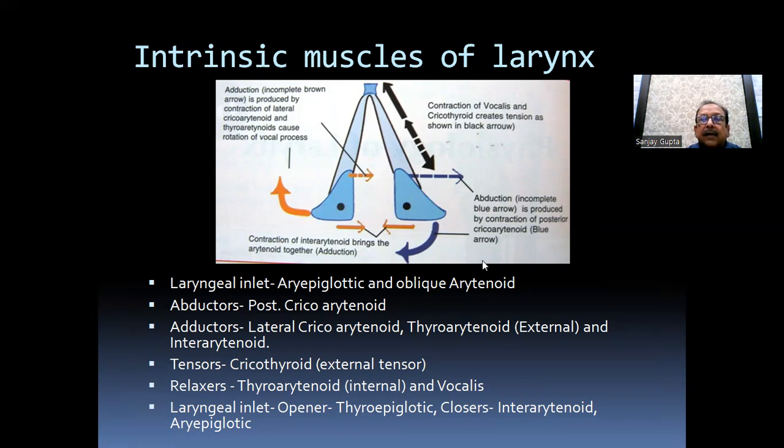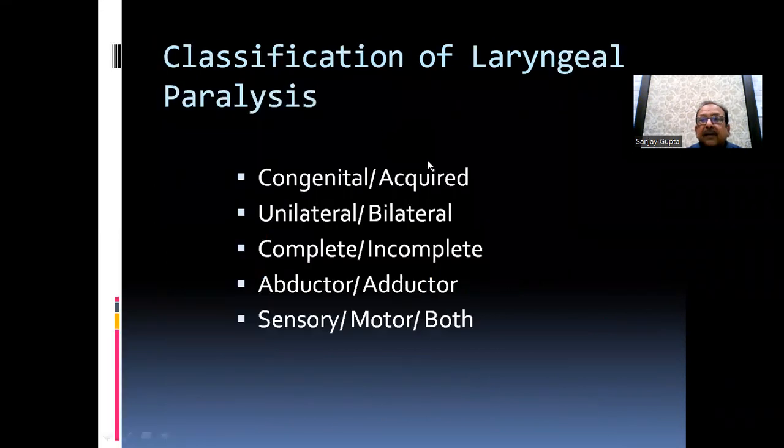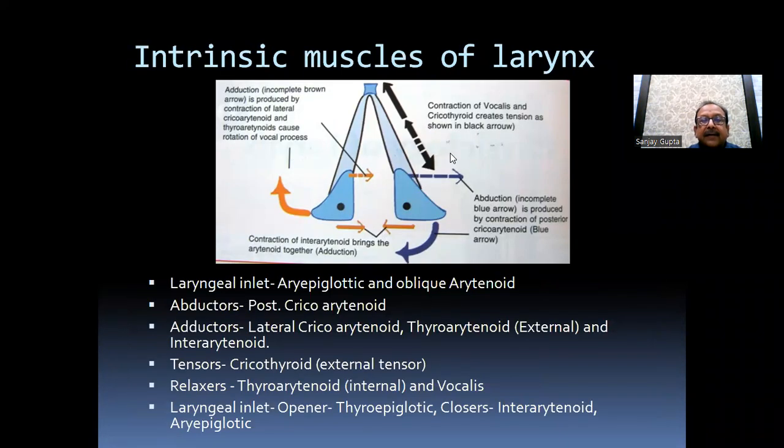So, this is the action of the abductor. The vocal cord moves outside, this is the broken arrow, and from the muscular process, the cricothyroid muscle contracts and it rotates and causes abduction of the vocal cord. All the rest of the muscles are adductors of the vocal cord.